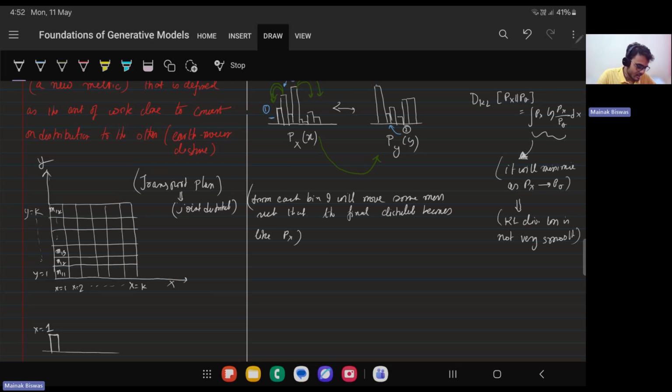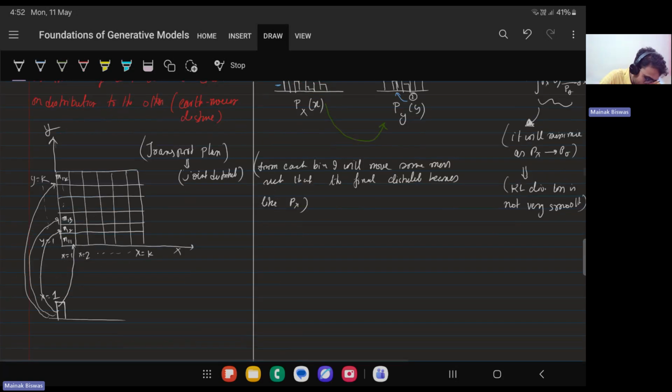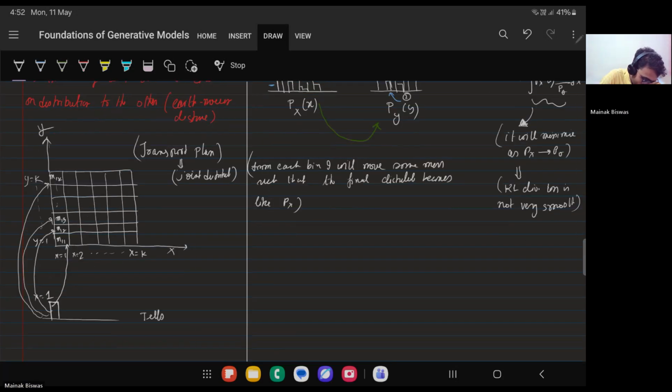So from this bin, I'm going to redistribute it to all the bins, right? From X, I'm going to redistribute to all of the values in Y. It's a transport plan, so it is going to tell me what percentage of mass in X1 is going to go to YK.